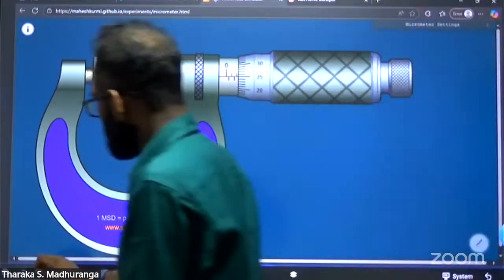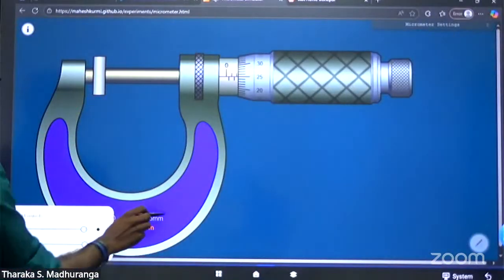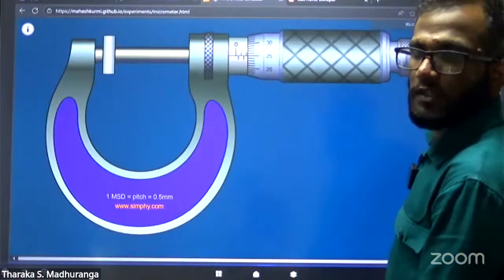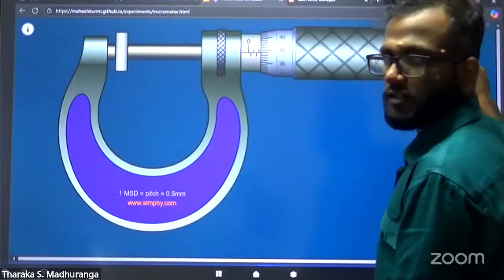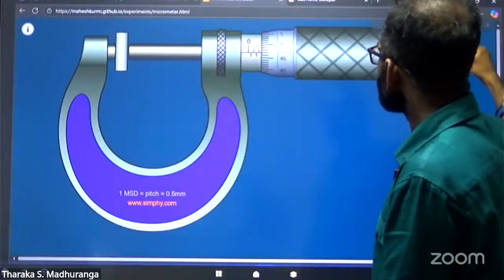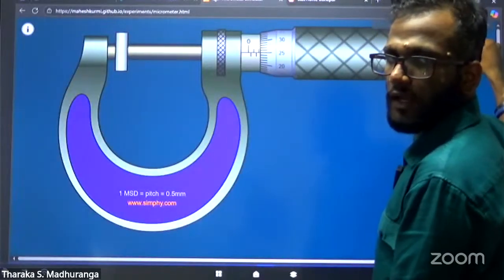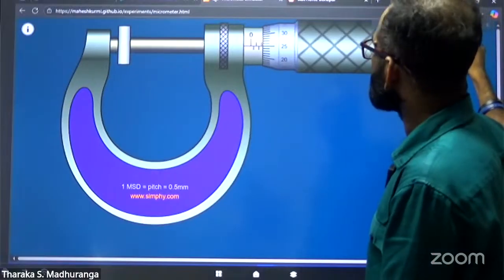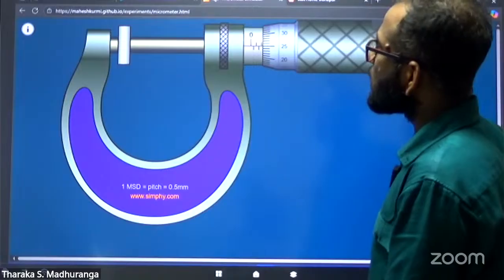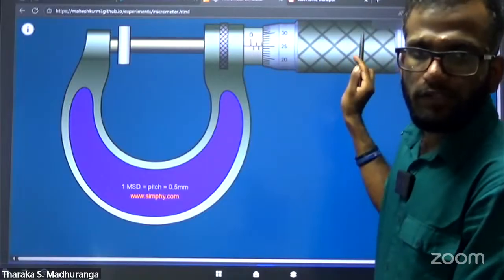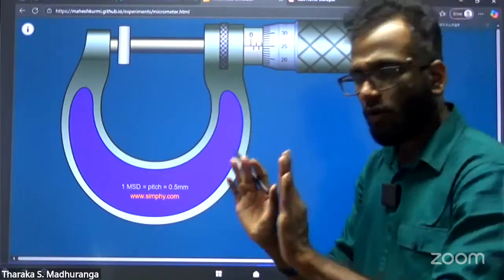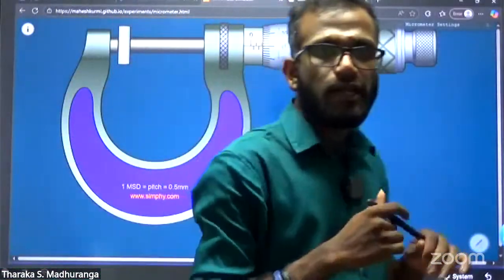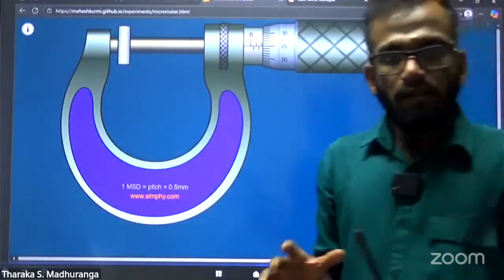When it is tight to the maximum, the tick sound comes from the instrument. Then we can decide the object is tightened between the anvil and spindle at the required level.